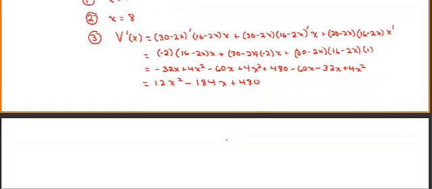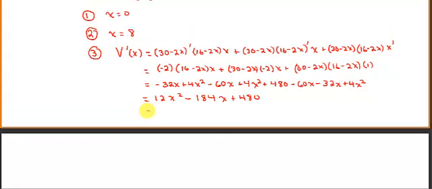And we want to set this equal to 0, so let me first take out a 4. I'll have 3x squared left. And if I take out a 4, 4 goes into 184 46 times, so 46x, and then 4 goes into 480 120 times.